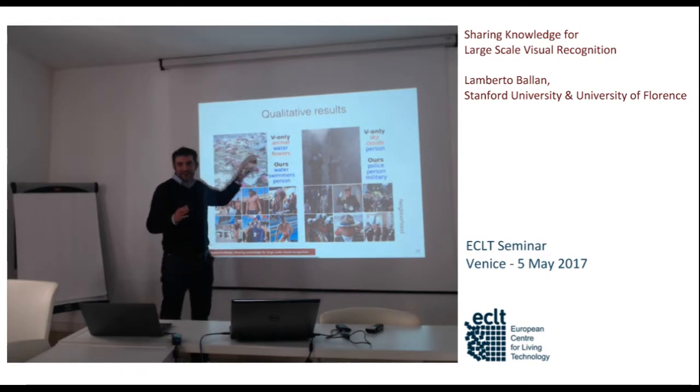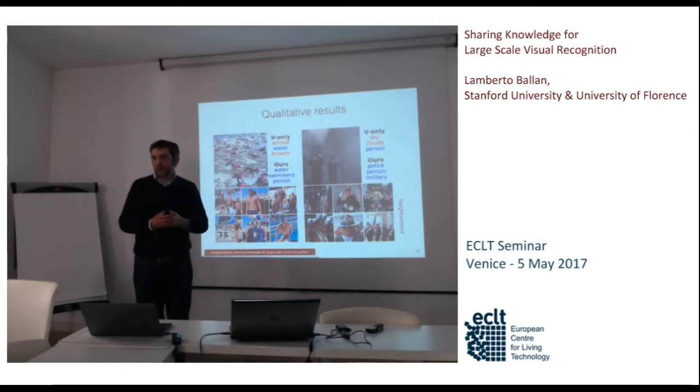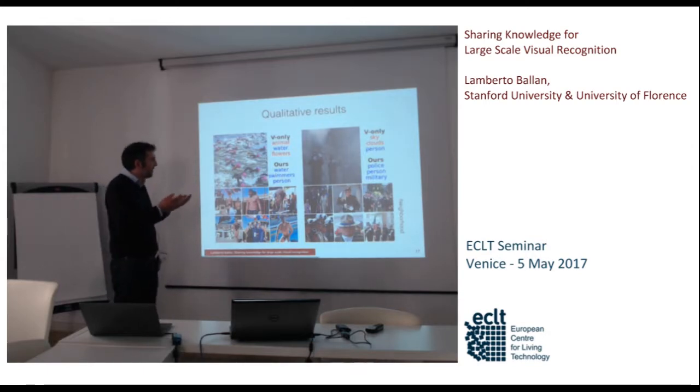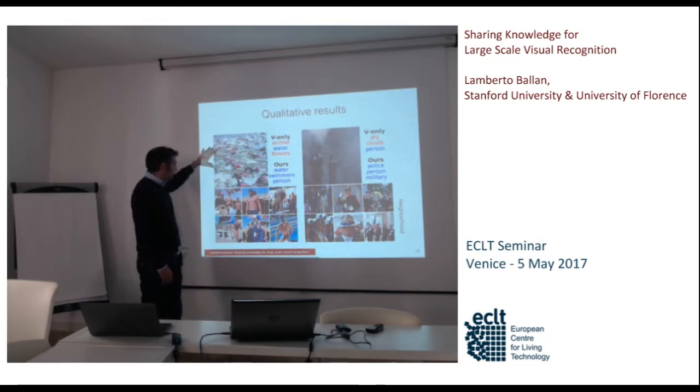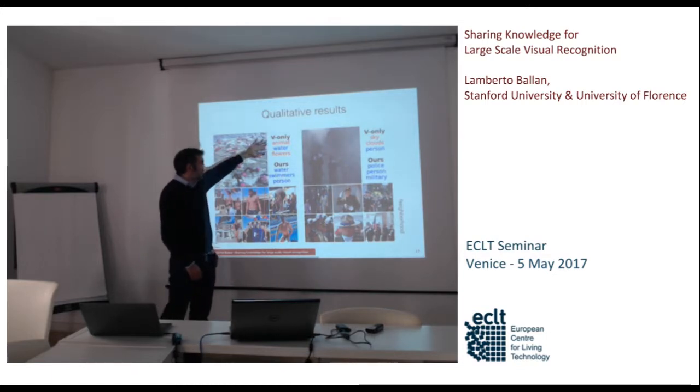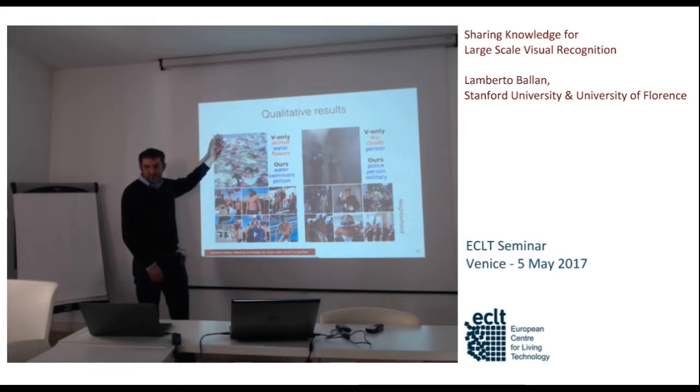So this is similar to the Google paper and to any of the architectures that you can use on ImageNet. And if you try to classify this image, the best classification model here that looks only at the image gave these results. So water is okay, but animal and flowers are wrong labels.